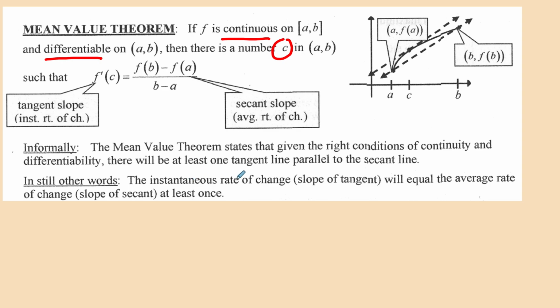Informally, the mean value theorem states that given the right conditions of continuity and differentiability, there's at least one tangent line parallel to the secant line. Or in other words, the instantaneous rate of change, the slope of the tangent, will equal the average rate of change, the slope of the secant, at least once.